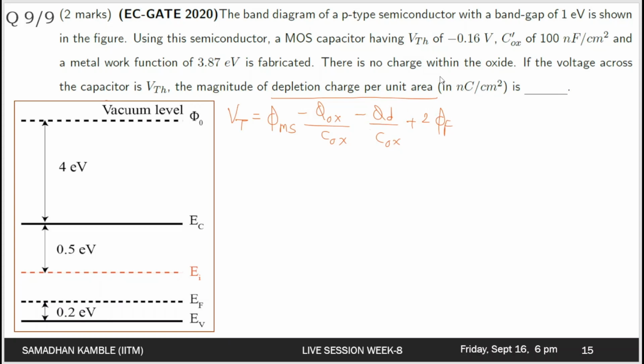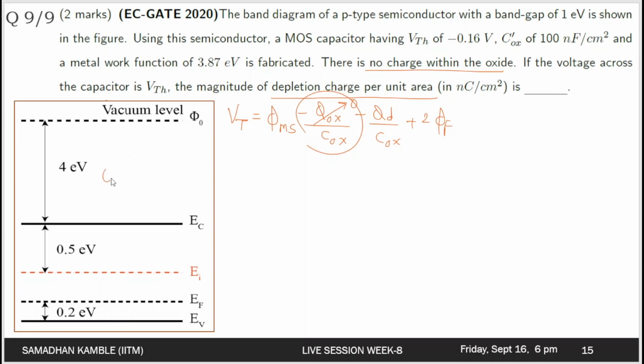They have said that there is no charge within the oxide, so q ox is 0, so this particular term is cancelled. Phi m they have given, so phi ms we can find out.